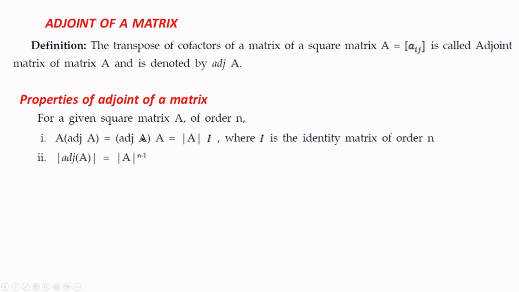For any given square matrix A of order n, A into adjoint A equal to adjoint A into A, it is equal to determinant of A into I. And then determinant of adjoint of A is equal to determinant of A the whole raised to n minus 1, where n is the order of the matrix.